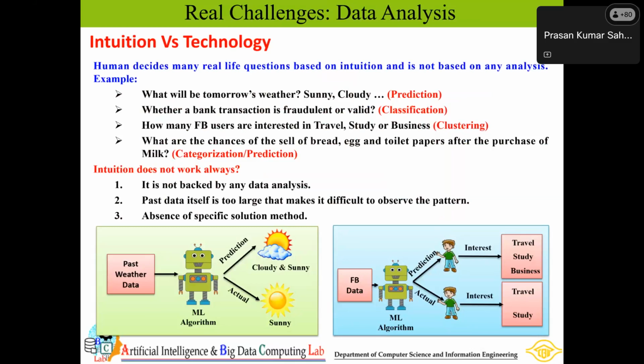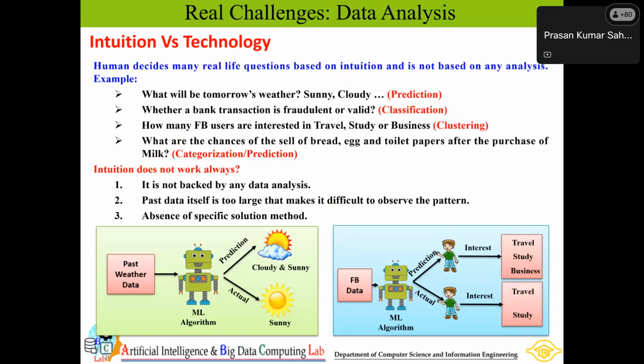Whether a bank transaction is fraudulent or valid, that we need to classify. Or how many Facebook users are interested in traveling, study, or business, that we need to cluster. So in real life also, we use data analysis for prediction, classification, clustering.